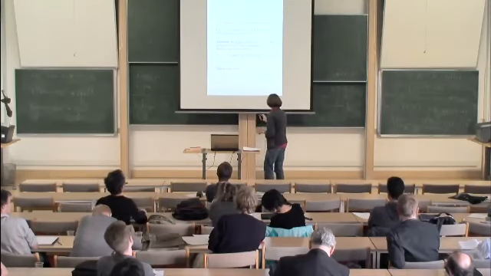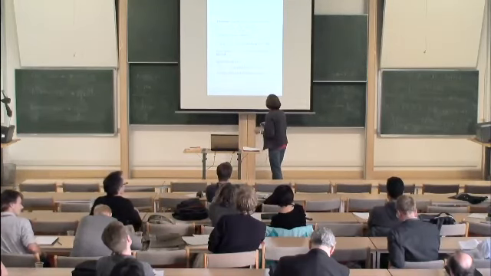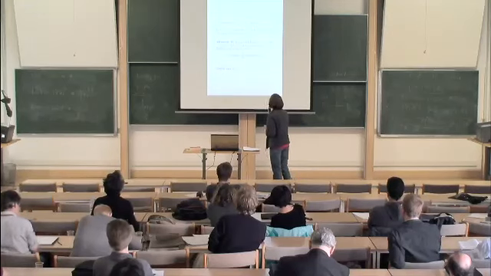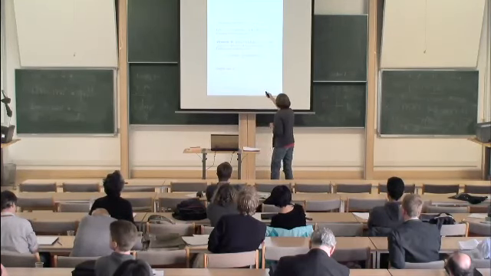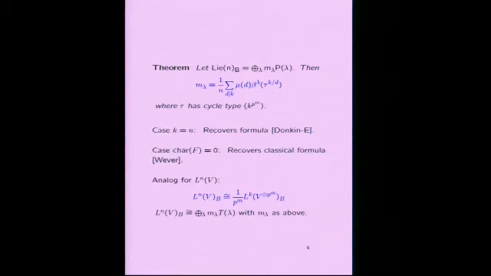Okay, so yes. Then of course we'd like the character of this component. So the question is, what is the character of this module in general? And then you have a formula for this.